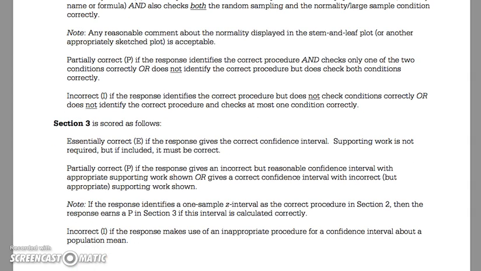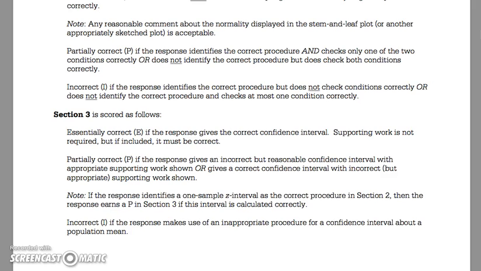Partially correct if the response identifies the correct procedure and checks only one of the two conditions correctly, or does not identify the correct procedure but does check both conditions correctly. Incorrect if the response identifies the correct procedure but does not check conditions correctly, or does not identify the correct procedure and checks at most one condition correctly.